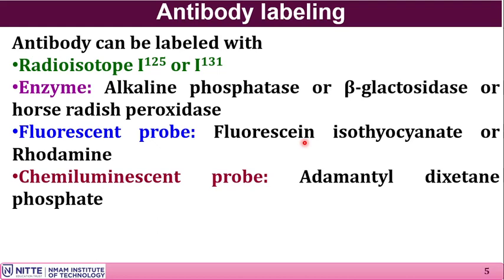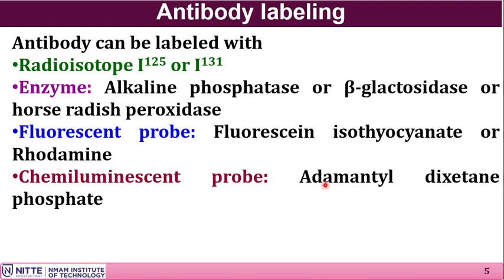The fluorescent probe as an indicator, when used, would either consist of fluorescein isothiocyanate, which shows fluorescence, or rhodamine, which is also another molecule which shows fluorescence. Both of these molecules show different types of fluorescence. When chemiluminescent probe is used as an indicator label, the material used here is adamantyl dioxetane phosphate.